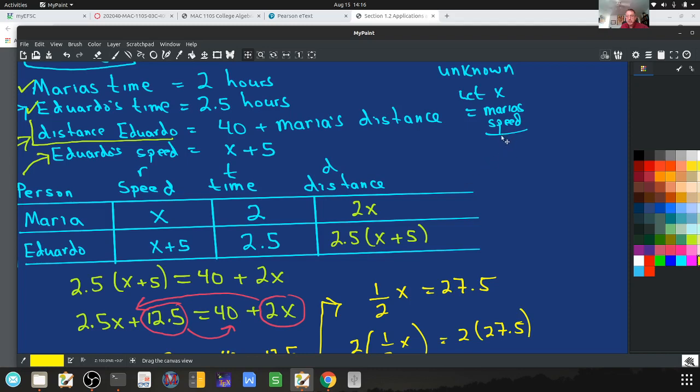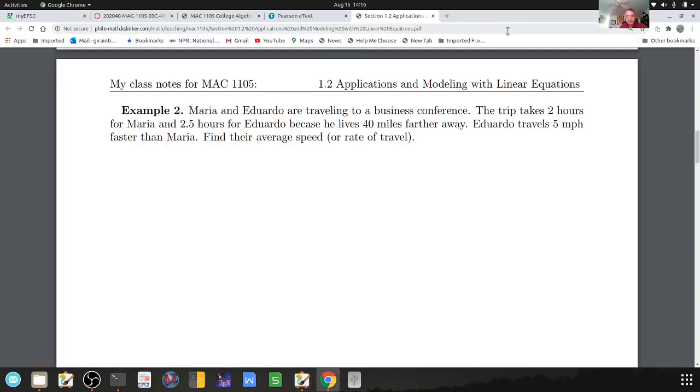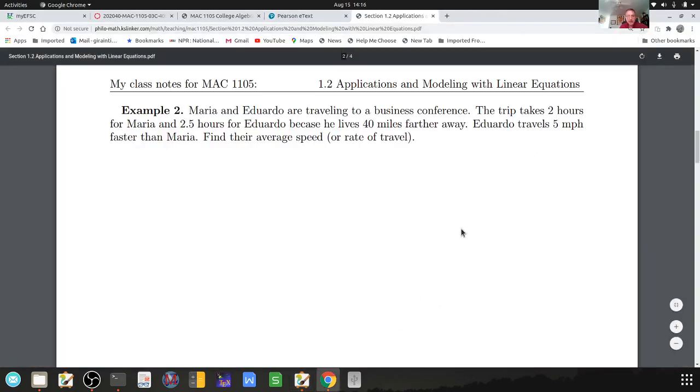So Eduardo's speed is x plus 5, which is 55 plus 5, which is equal to 60, and this is in miles per hour. So not so bad. It seemed really, really hard, but this is the key right here, is putting down all of your information and transferring it to a table. So let's go to example 2.